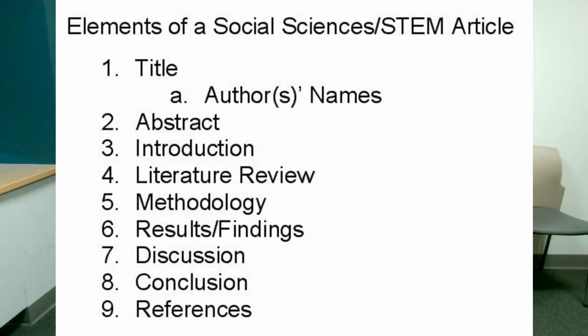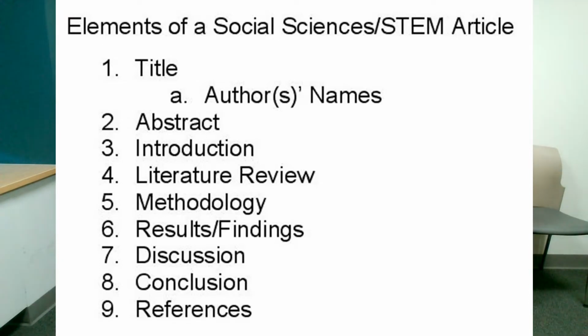Next, you have a methodology section, which talks about how the data for this particular research was gathered. You have a findings or results section, which talks about what data has actually been found in this study. It gives us the information that the researchers have come up with. You have a discussion section, which explains what the significance of the findings are in terms of the hypothesis or answering the research question.